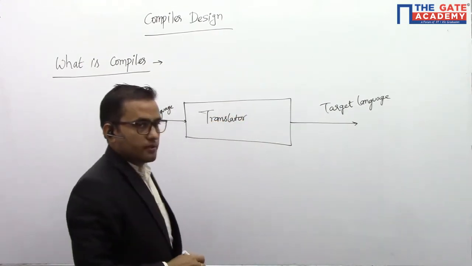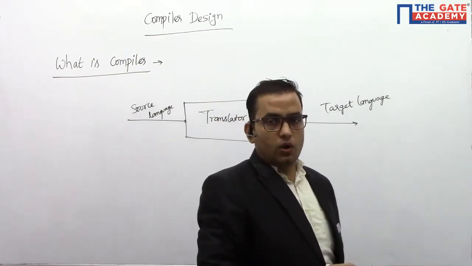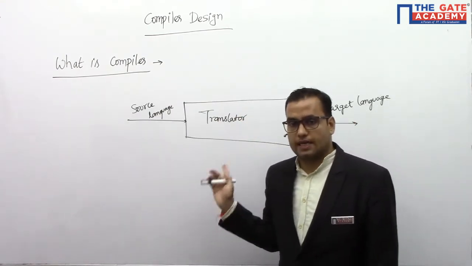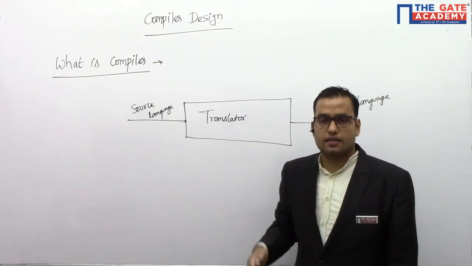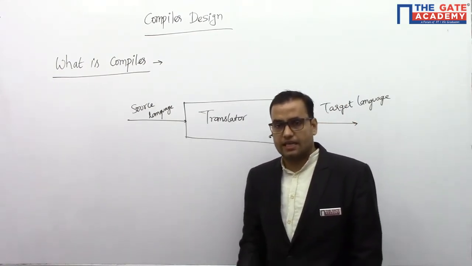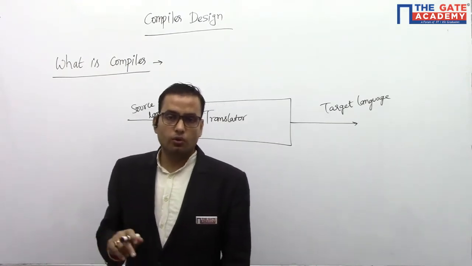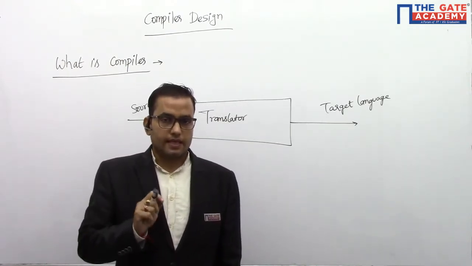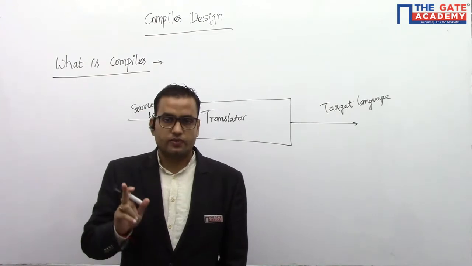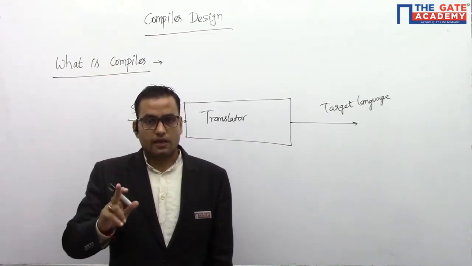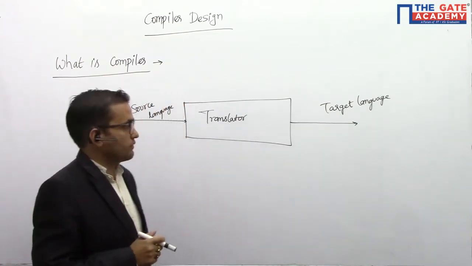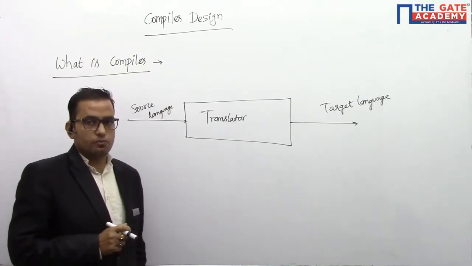Compiler is a translator which can convert source language into target language, and source language could be anything and target language could be anything. Practically, we use a compiler to convert high level language to low level language, but the correct definition is it is a translator which can convert source language into target language, and source language could be anything and target language could be anything.